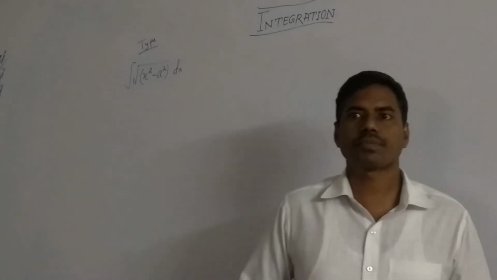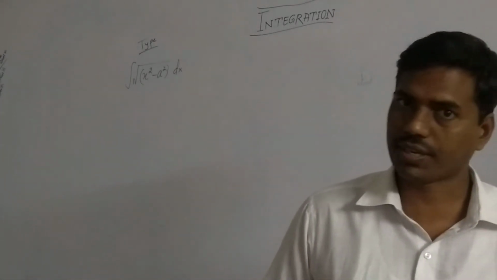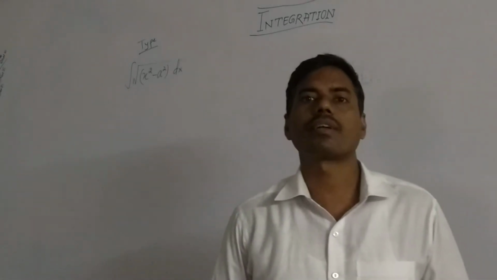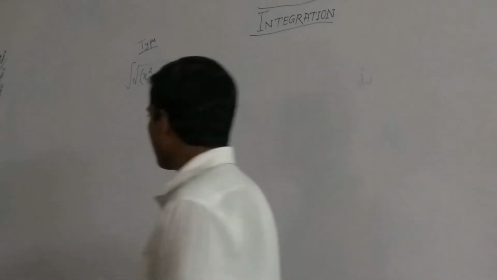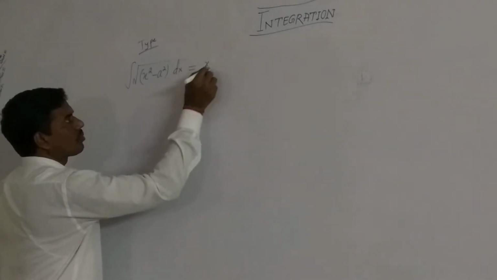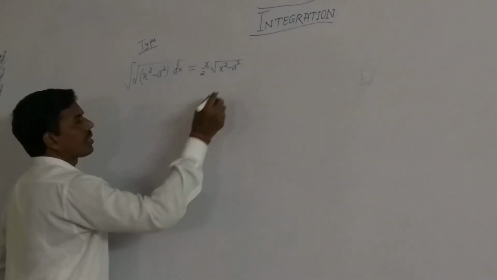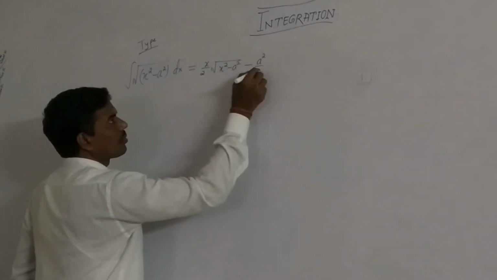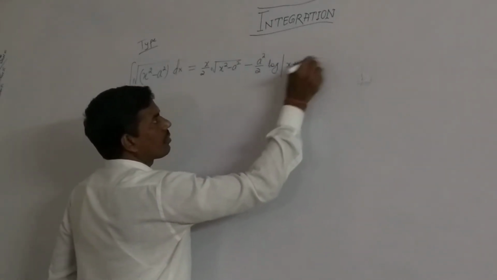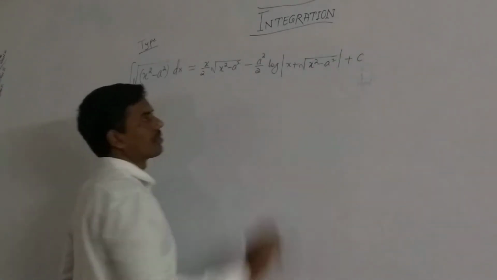Okay students, let us proceed to find the integral of our new type of integration, that is the integral of under root of x square minus a square dx. Students, the result of this integral can be written as x by 2 under root of x square minus a square, minus a square by 2 into log of mod of x plus under root of x square minus a square, plus c.